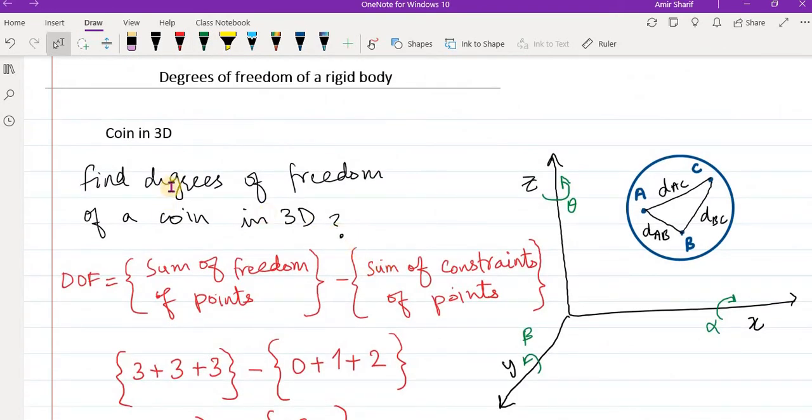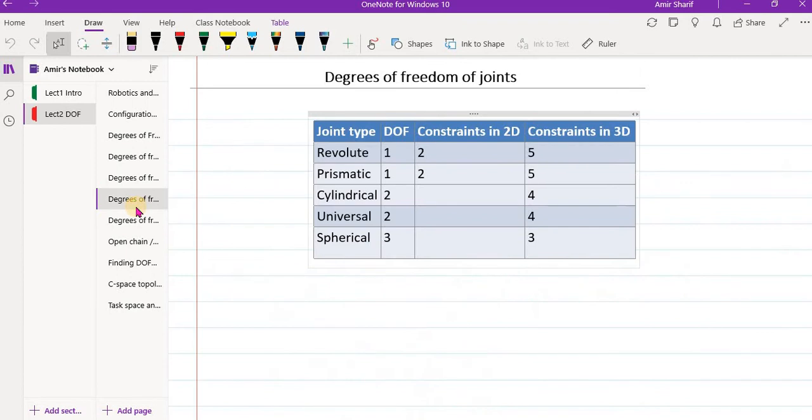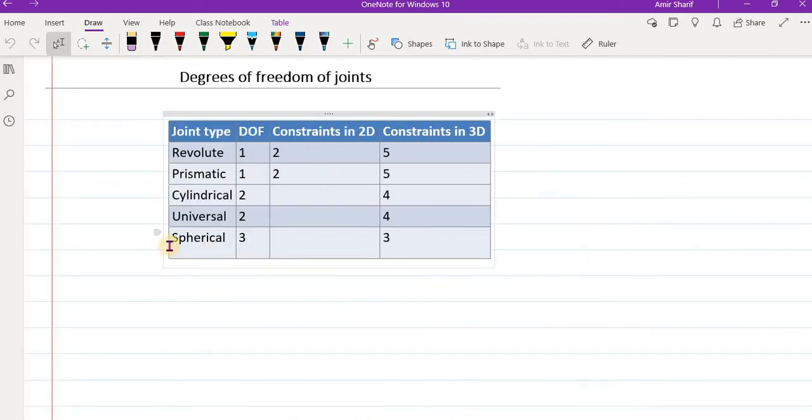Okay, so now we have completed the degrees of freedom of a rigid body. Now let's see how we can find the degrees of freedom of different joints.